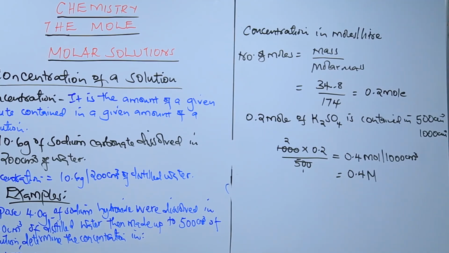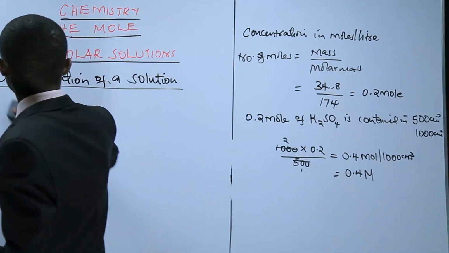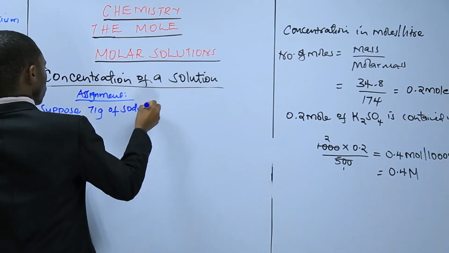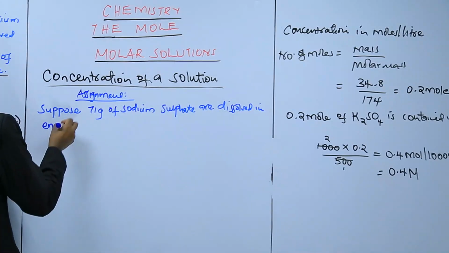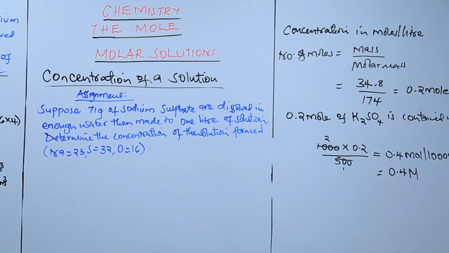I now want to leave you with an assignment, one question. Suppose 71 grams of sodium sulfate are dissolved in enough water, then made up to 1 liter of solution.